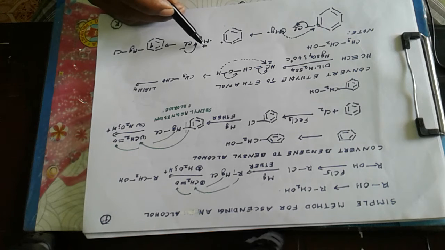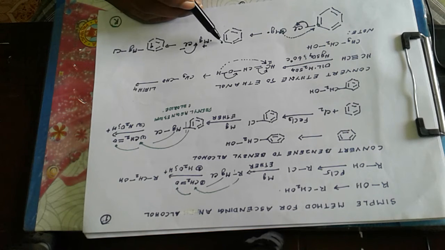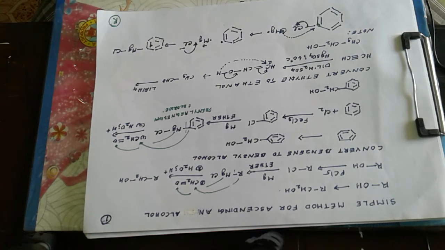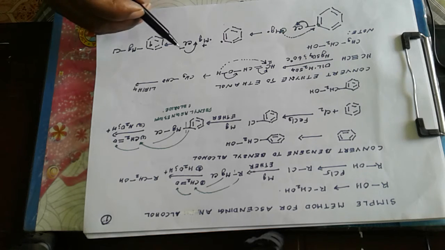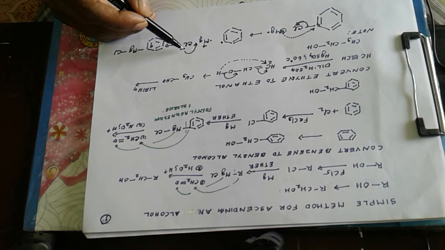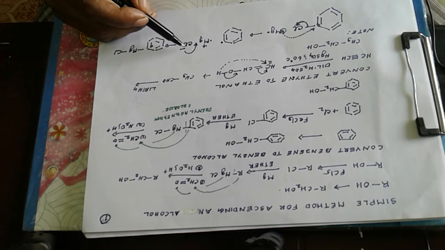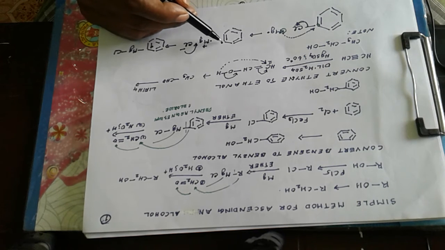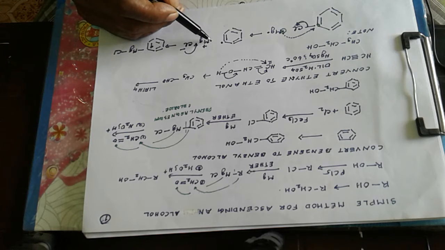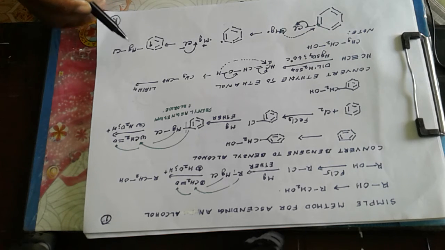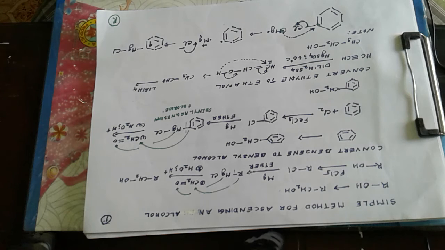Then magnesium gains a positive charge, and the charge over this carbon is neutralized because it is getting 1 electron. Then the chloride ion establishes a bond with Mg positive, so that both these charges are neutralized, and this unpaired electron combines with this unpaired electron to form a bond between magnesium and the benzene ring. It is a free radical type reaction.